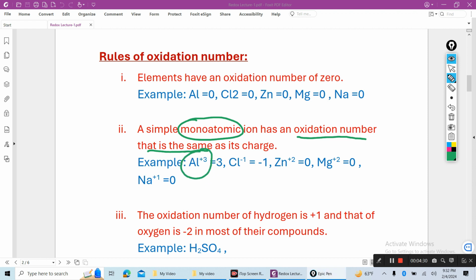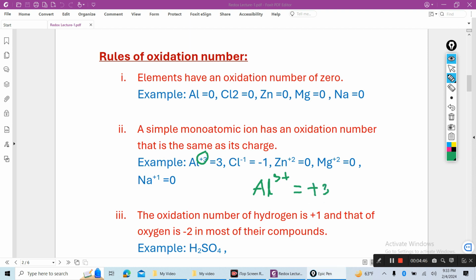Say aluminium 3+. Aluminium is monoatomic, a single atom, so it has power 3, so its oxidation number will be +3. Chloride power is -1, so its oxidation number will be -1.